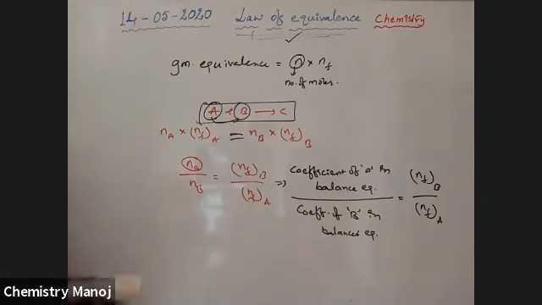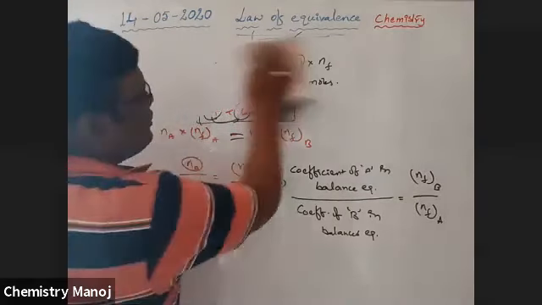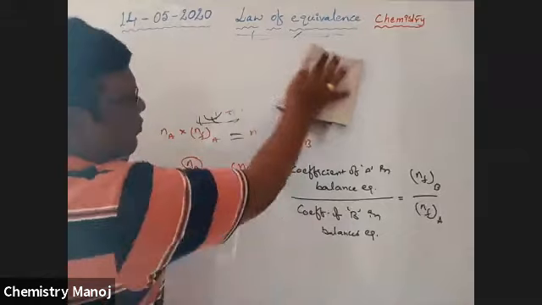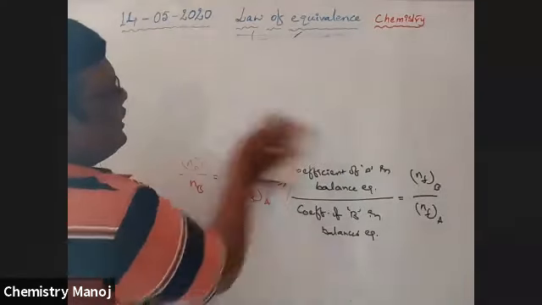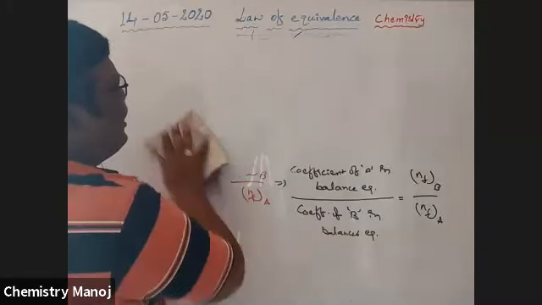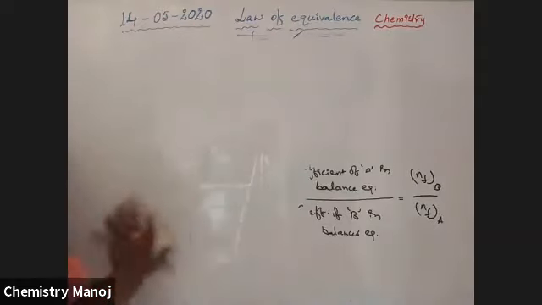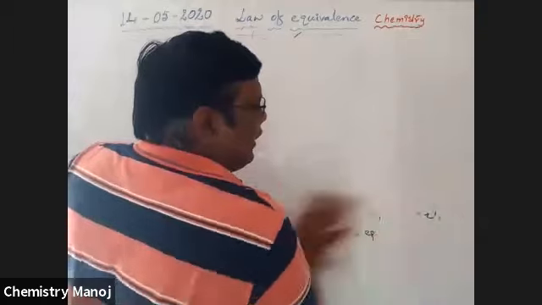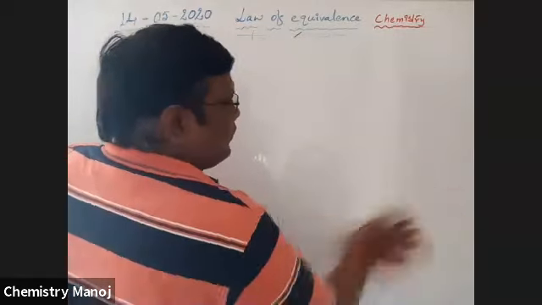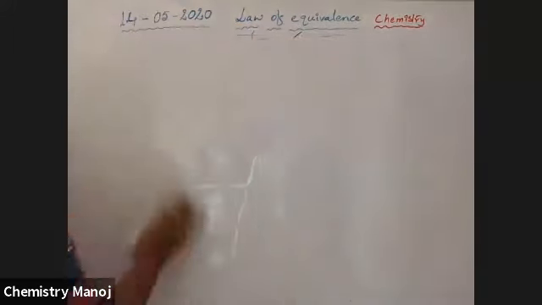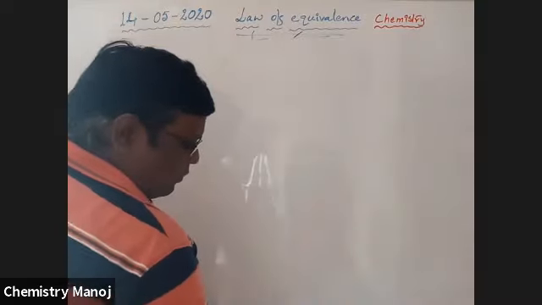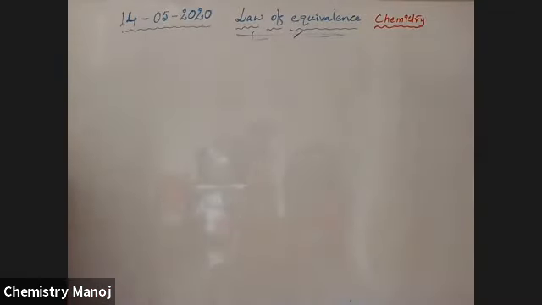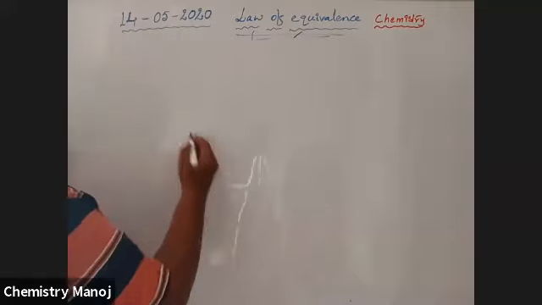See here. Now, where the equivalence concept is used. One of the concentration expressing terms is normality, where the chemical equivalence topic is used. Now our topic is, let us take normality.